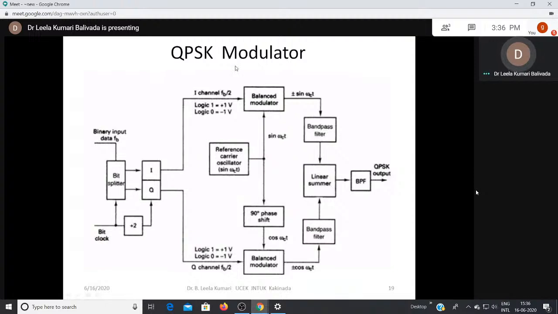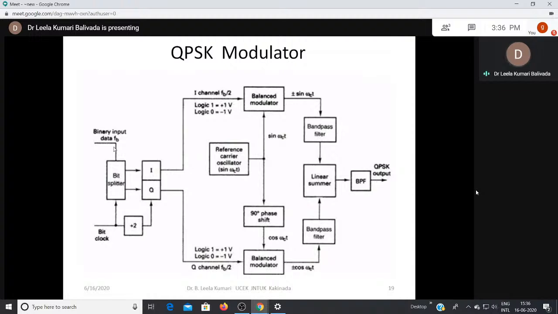Now let us see the QPSK modulator. This figure shows the QPSK modulator, and it consists of a bit splitter, I and Q bits, balanced modulators, a reference carrier oscillator, a linear summer, and then the output. Here the input to the QPSK modulator is a 2-bit group, that means 00, 01, 10, 11.